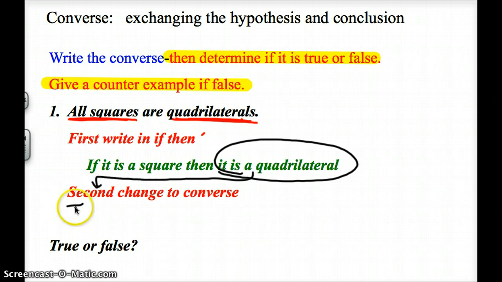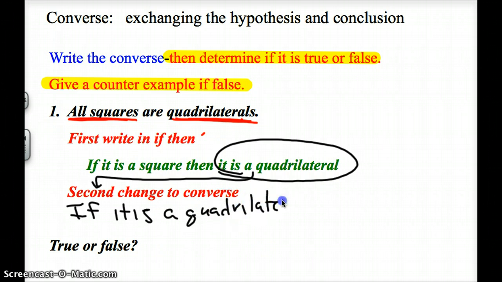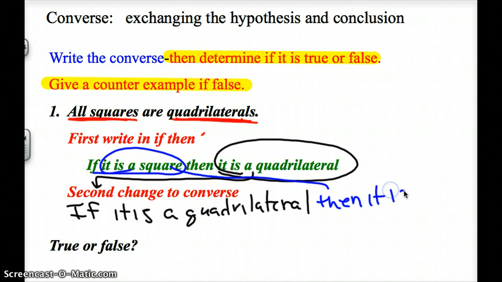So it's going to read, if it's a quadrilateral, then, take the hypothesis and move it to the back, it is a square. Okay, so far I have written my converse. This is really what this problem has asked me to do.